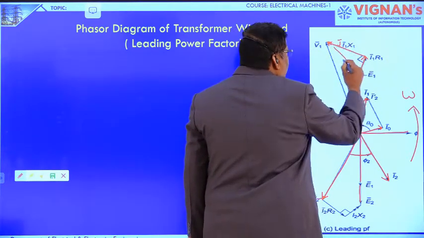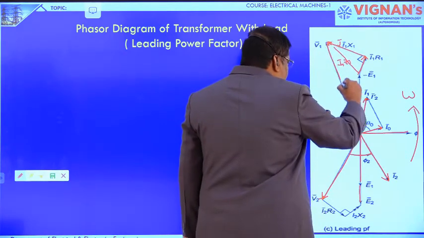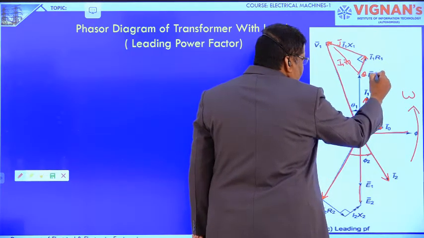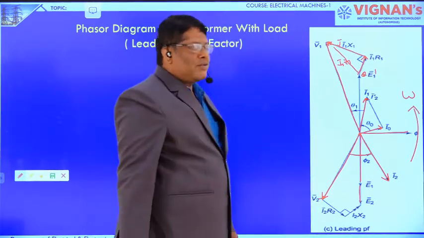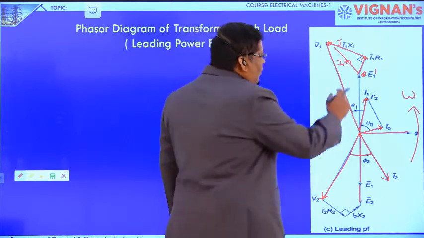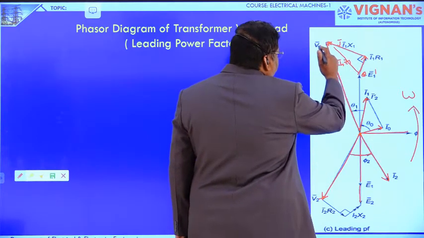Phasor sum of these two is representing the I1Z1. Phasor sum of I1Z1 and E1 dash. This is not minus E1 dash. Some others follow the minus, but here we follow the E1 dash. So the phasor sum of E1 dash and I1Z1, we are getting the V1.